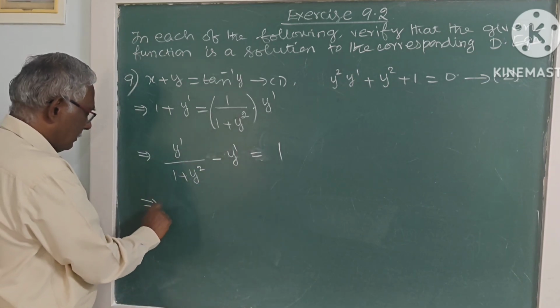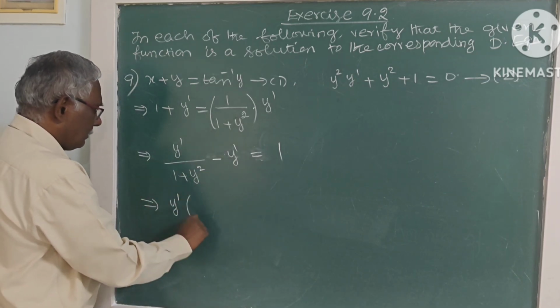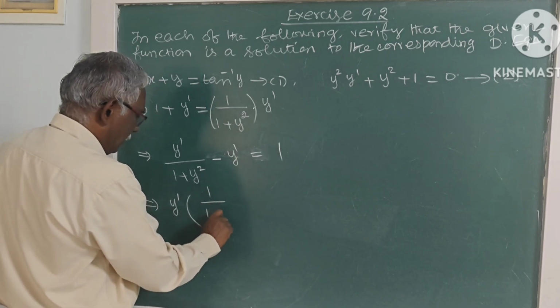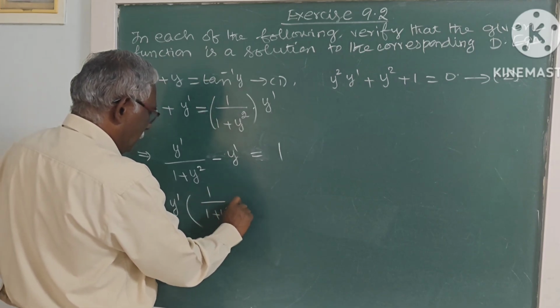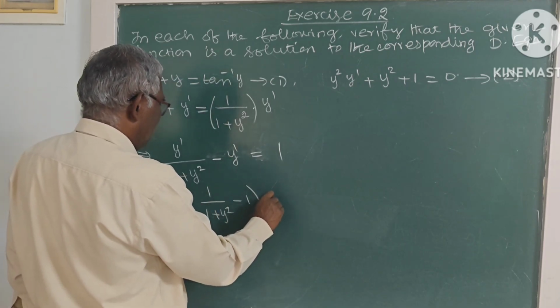Take y dash commonly outside, we get 1 by 1 plus y square minus 1 is equal to 1.